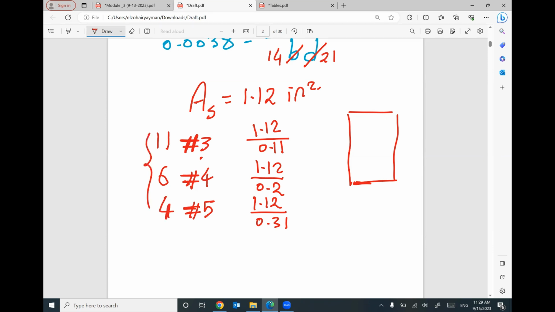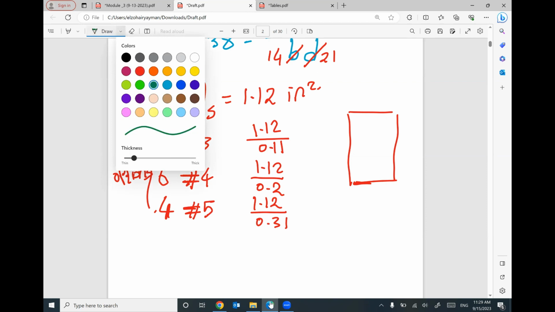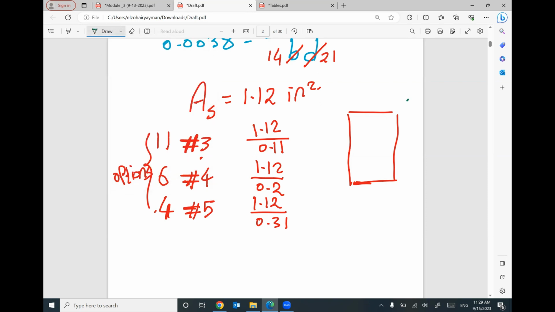We have these options, and it's up to you as a designer. You can say, okay, guys, I will use 4 rebars number 5.